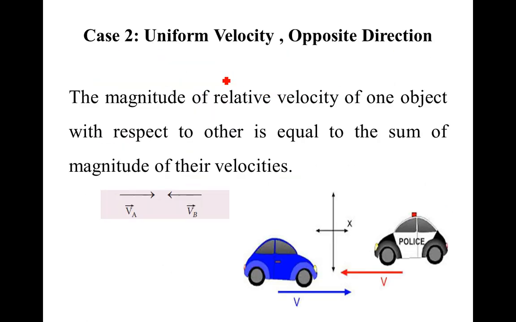The second case is again uniform velocity, but in the opposite direction. As I said already, if the direction changes, the indication is by sign, putting a minus sign for the one in the opposite direction, right?